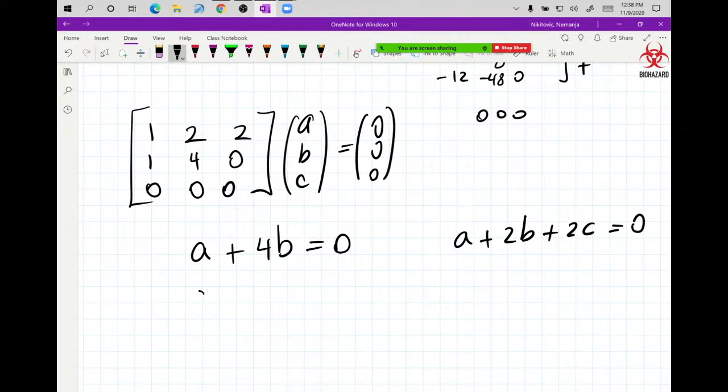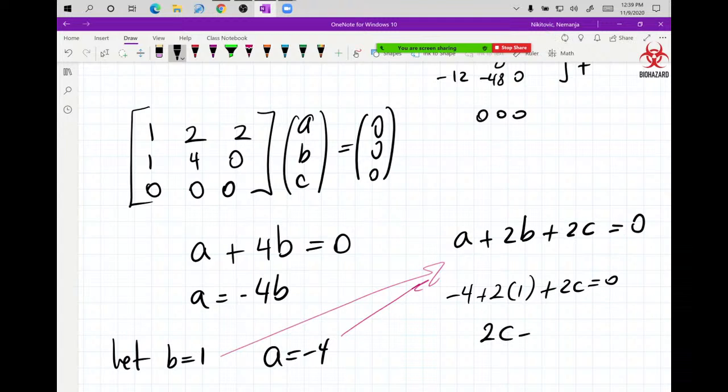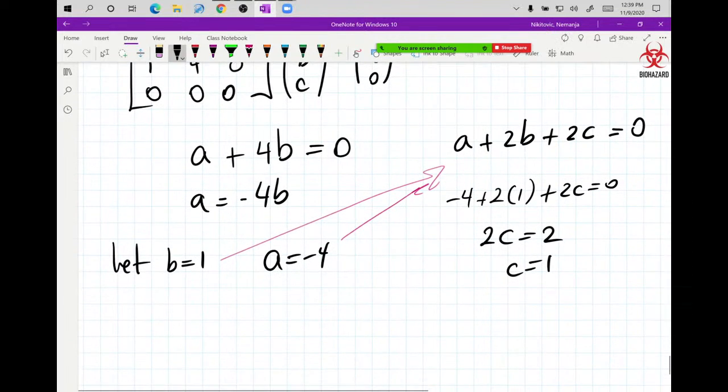Now, on the first one, your A is -4B. Let B be 1. And if B is 1, then A is -4. And now stuff those into this equation. Then you get -4 plus 2 times 1 plus 2C equal to 0. So 2C equals 2, C equals 1. And there's your vector: -4, 1, and 1.